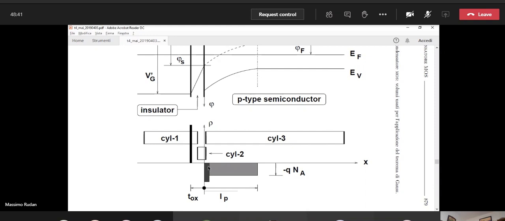So it could be 50 angstroms, okay? But yet in some simplified calculation, we can consider also this layer as a Dirac delta. LP, you remember, can be some microns, okay? Is the typical width of the depleted region, okay?